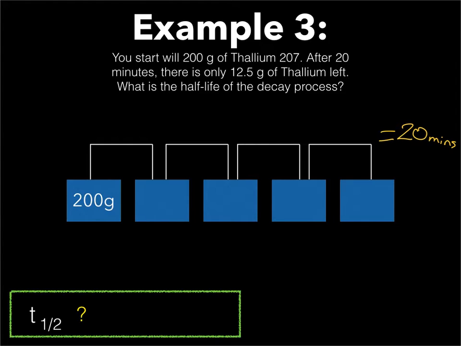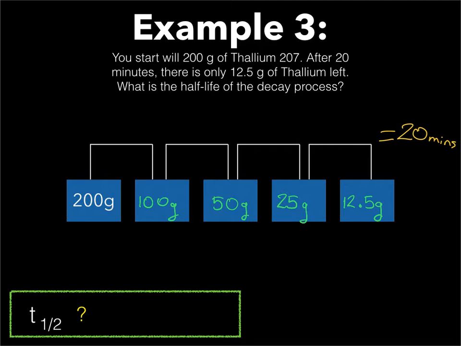So we can start by doing our half-lives. We know half of 200 is 100 grams. Half of 100, if it undergoes half-life, is 50. Half of 50 is 25 grams, and then half of 25 is what we have left in the problem, which is 12.5 grams of thallium.